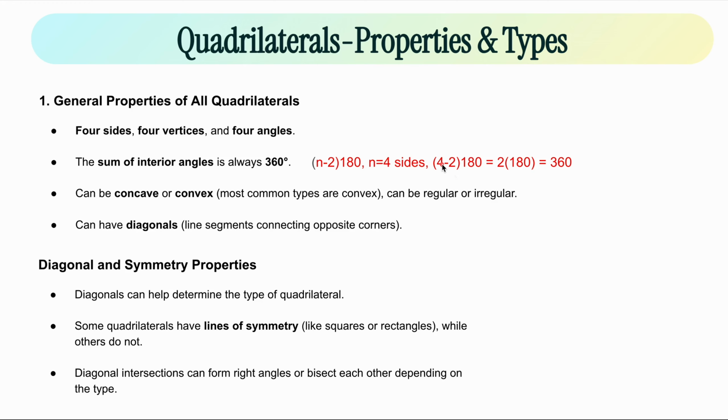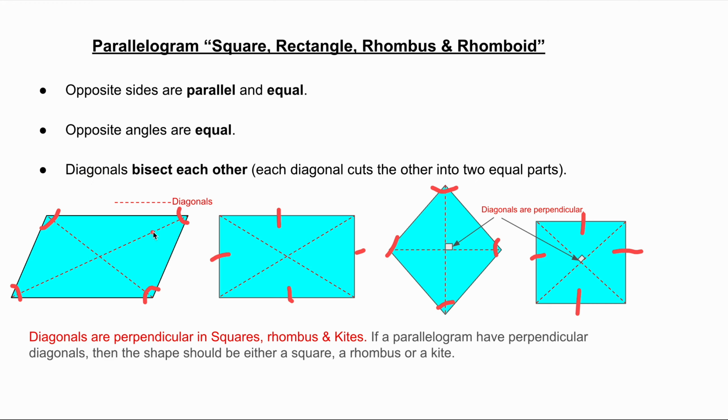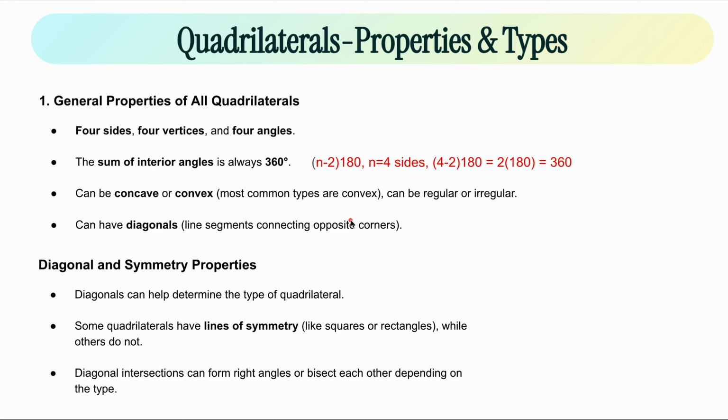So using the formula 4 minus 2 times 180, we have 2 times 180 is 360 degrees. So the total of the interior angles of any quadrilateral is always 360.